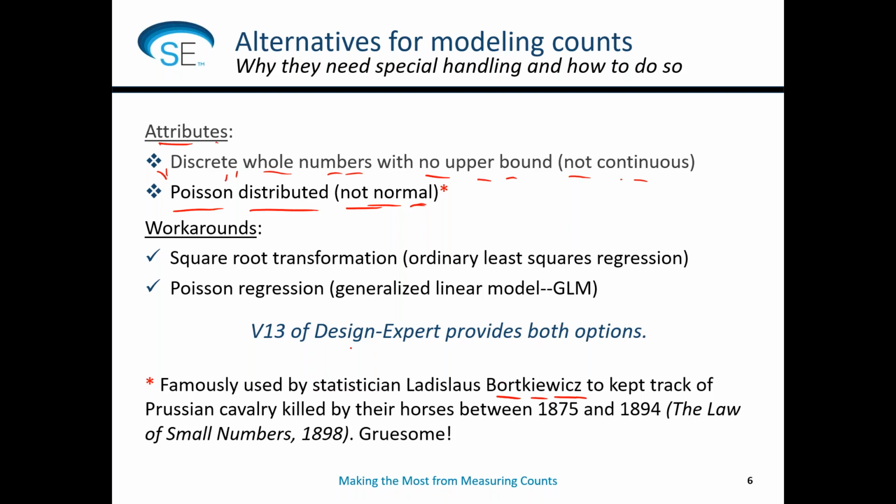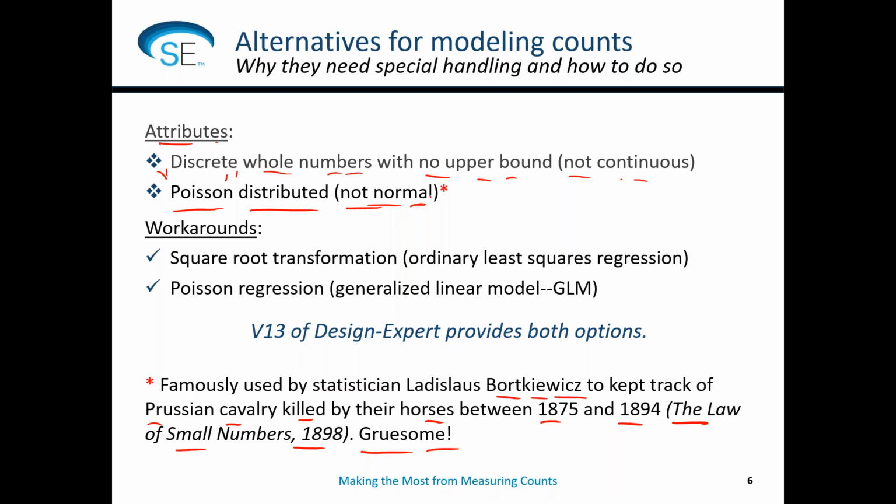But what he discovered was that the number of Prussian cavalry that were killed by their horses between 1875 and 1894 followed this non-normal distribution, and he wrote this up in this book, The Law of Small Numbers, in 1898. So I find that kind of a gruesome example, but it's memorable, and it actually was pretty historic as one of the early applications of this non-normal distribution.